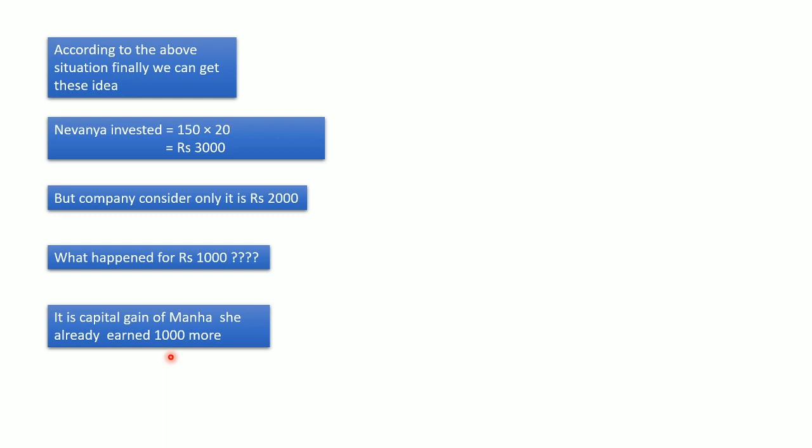Now you can see we talked about the two income methods. The first income method, I think you remember, is dividend income. Dividend income at the end of the year is 80 rupees.